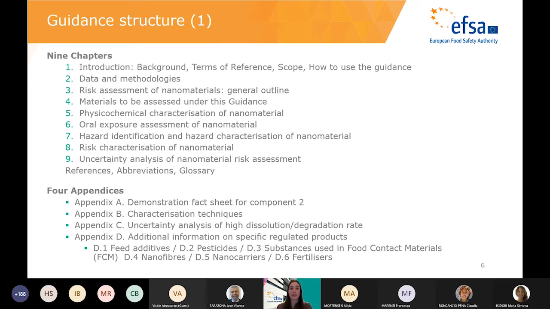And chapter number 3 describes the general outline of risk assessment of nanomaterials, why it is necessary, and which are the critical points. Starting from chapter number 4, the tiered approach risk assessment starts, which should be followed until chapter number 8 with risk characterization of nanomaterials, combining the exposure assessment and the hazard identification and characterization. Chapter number 9 describes the uncertainty analysis.